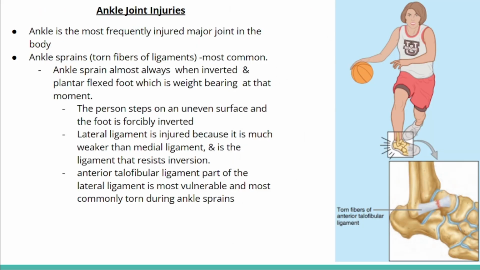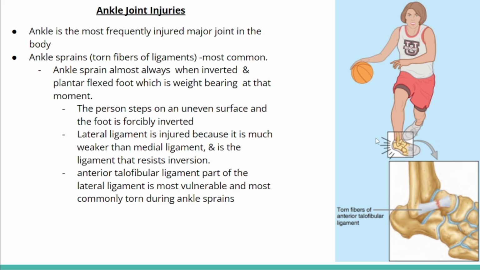So what is the most common way these ankle joint injuries happen? The ankle joint is also the most frequently injured major joint in the body. Ankle sprains, or torn ligaments, are the commonest. As I said, in plantar flexion, the joint is not in a very stable position. Ankle sprains almost always occur in an inverted and plantar flexed foot when the foot is in a weight bearing position or touches the ground.